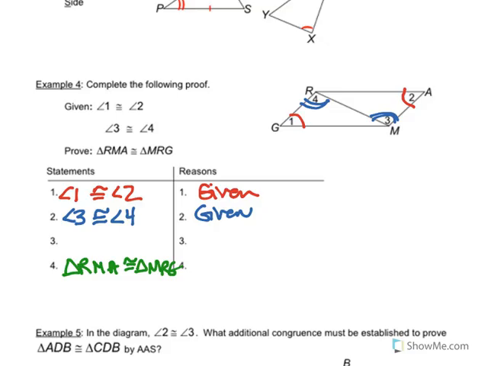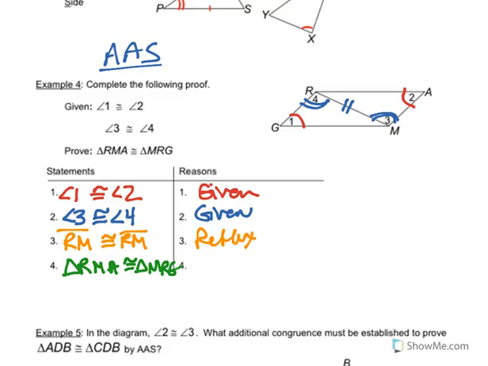I put our givens and what we're trying to prove. So statement number 3. What are we going to say about that? Remember that we want to prove this using angle, angle, side, and so what do we know? We know that RM is congruent with RM. And how do I know that?